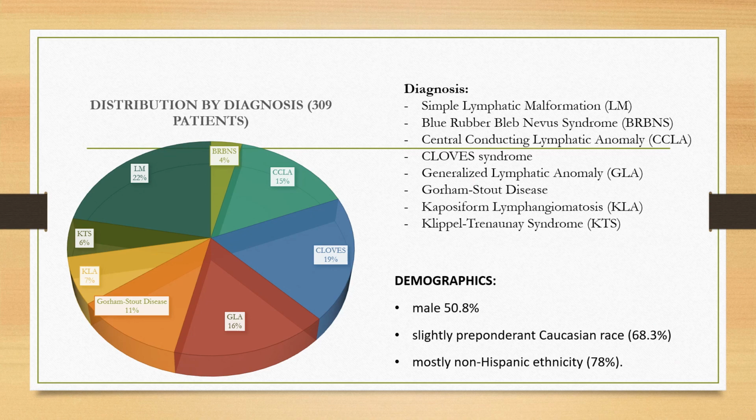This is the data from the study I mentioned before, where we looked at different types of lymphatic anomalies, from simple lymphatic malformation to generalized lymphatic anomaly, Gorham-Stout, and again, complex lymphatic anomalies in general.